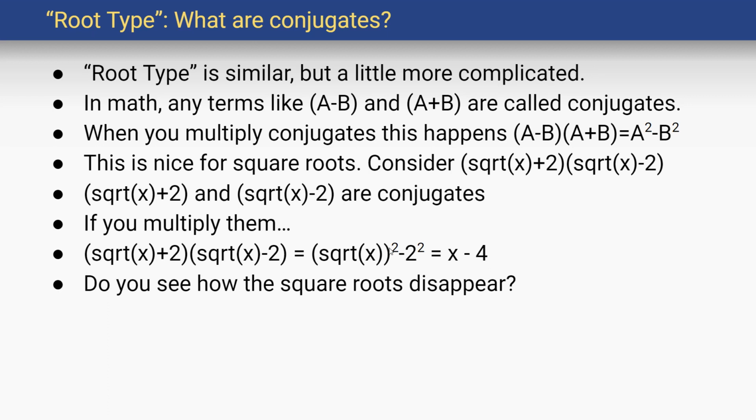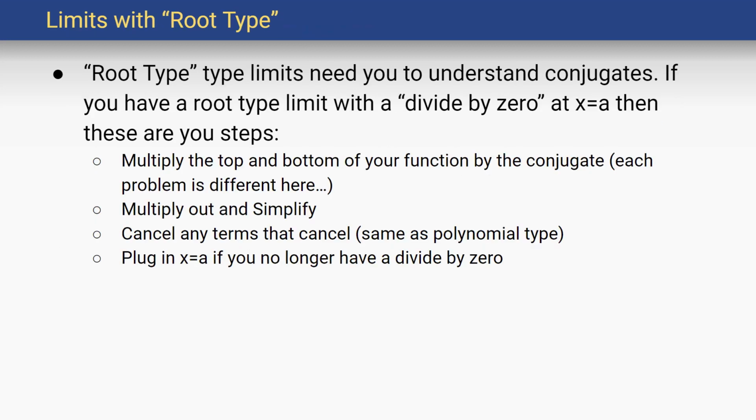Okay, and that's what you need to understand before we talk about the method for solving the root type problems using conjugates. So here is our procedure for doing these limits involving root types. You're starting out with a limit that's a root type. What you're going to do is figure out what the conjugate is.